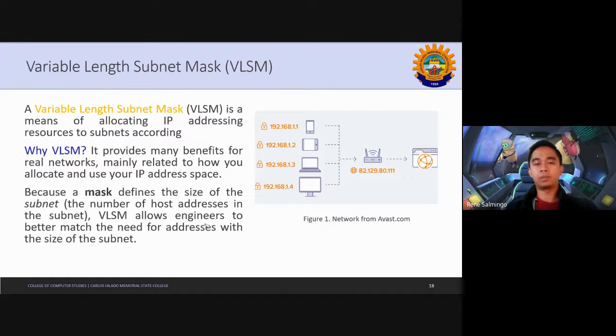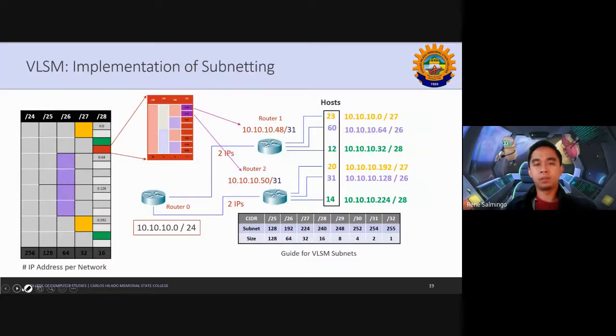VLSM allows engineers to better match the need for addresses with the size of the subnet, and also the implementation of subnetting. So this is how we implement variable length subnet mask.